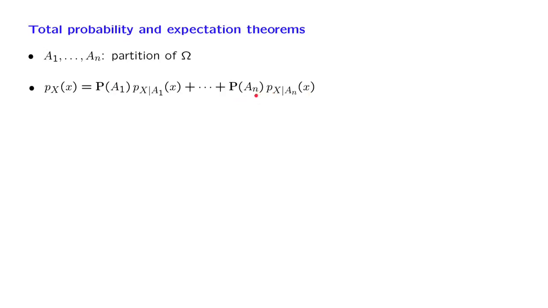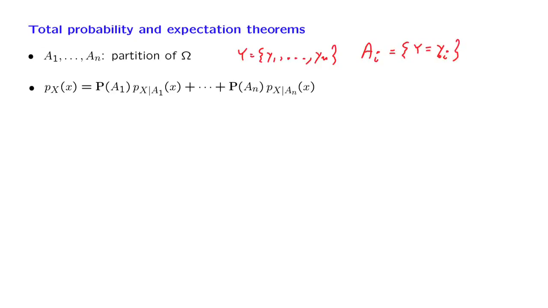Now suppose that we are dealing with a random variable that takes values in a set consisting of n elements. And let us consider scenarios. A_i, the ith scenario, is the event that the random variable y takes on the ith possible value.